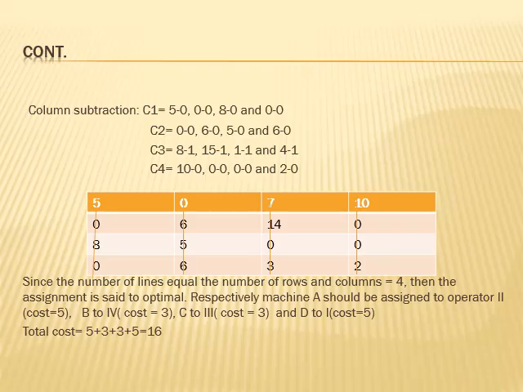The total cost is the summation of the costs: 5 plus 3 plus 3 plus 5 equals 16.